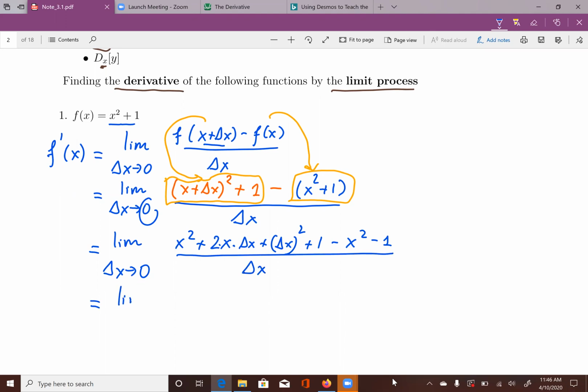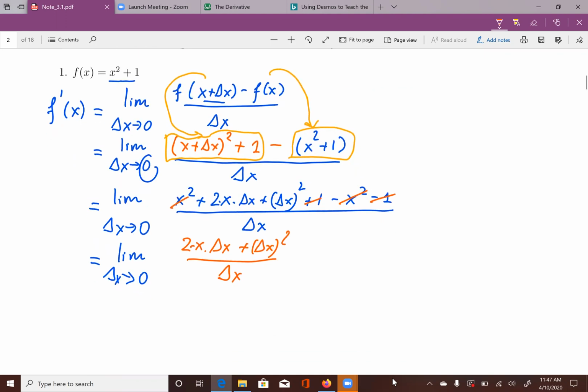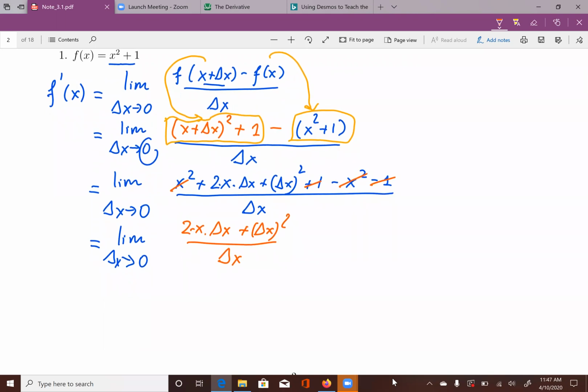What I have next is, let's see, what can I cancel? x squared, 1, negative 1, right? What is left over is 2x times delta x plus delta x squared over delta x. And you can see that I have delta x in every single term. That means I can cancel one delta x.